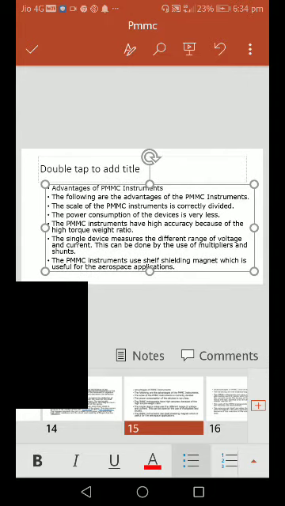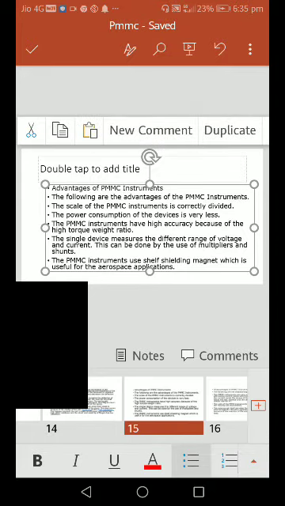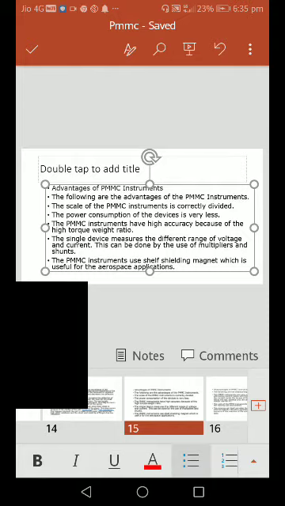PMMC instruments have high accuracy because of the high torque to weight ratio.